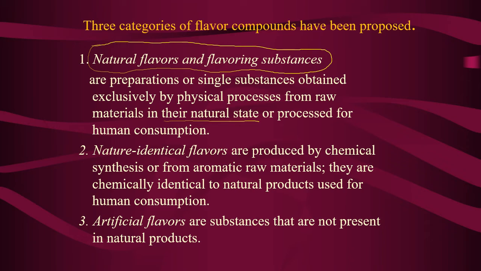The second category is nature identical flavors, which are produced by chemical synthesis or from aromatic raw materials, so they are chemically identical to natural products used for human consumption. The third category is the artificial flavor, which belongs to the substances that are not present in natural products.